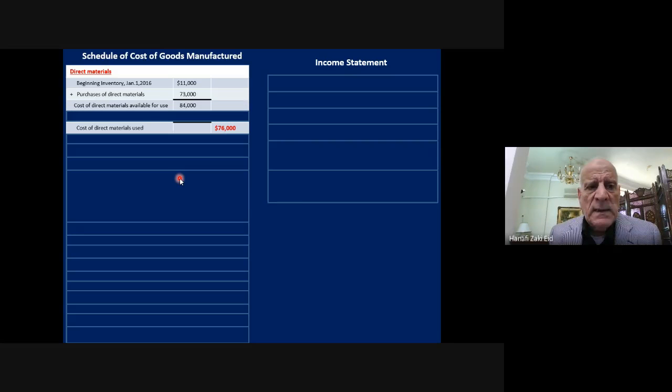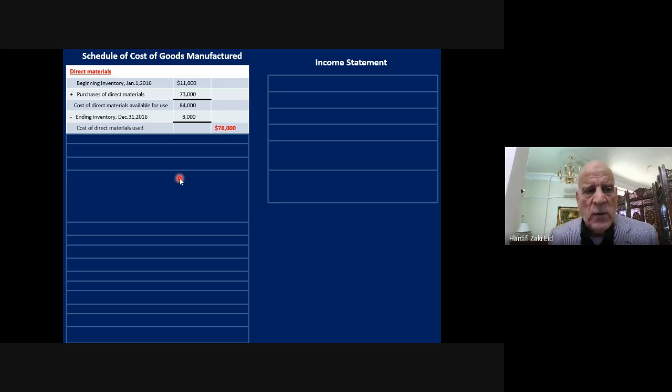The total is $84,000, which is called total cost of materials available for use. Deduct ending inventory of this direct material at the end of the period, 8,000.